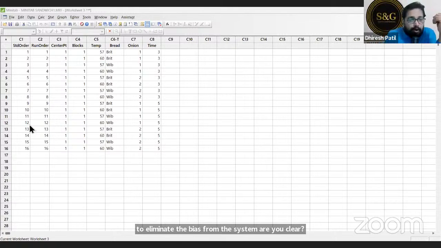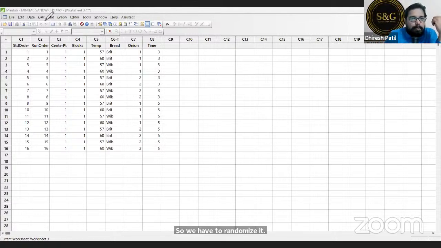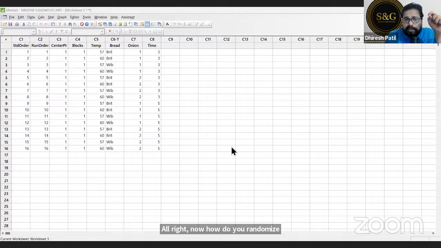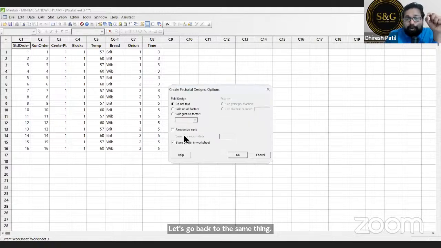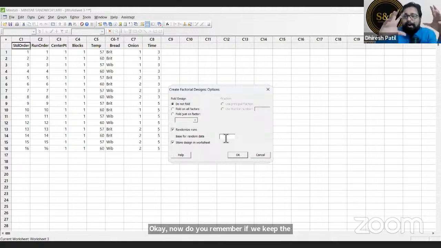All right. Now, how do you randomize? Let's go back to the same thing. Edit dialog box. Go to option. Now here, let's randomize it. Do you remember, if we keep the same base, all of us will have the same randomized order.